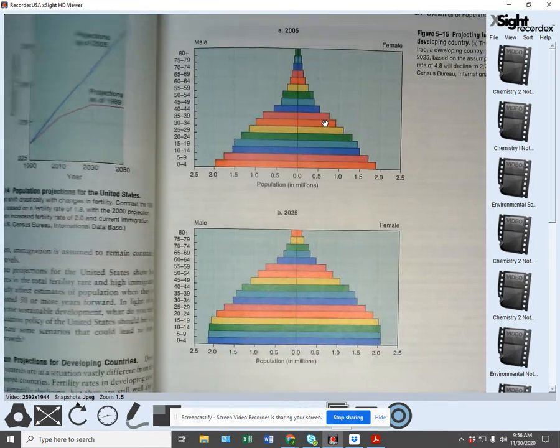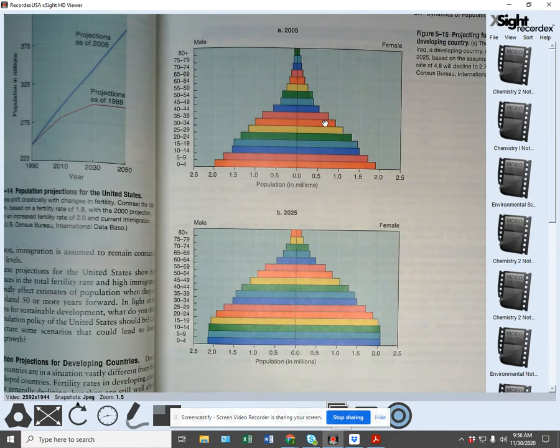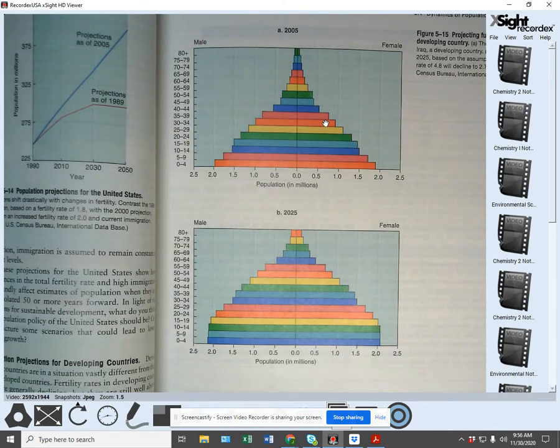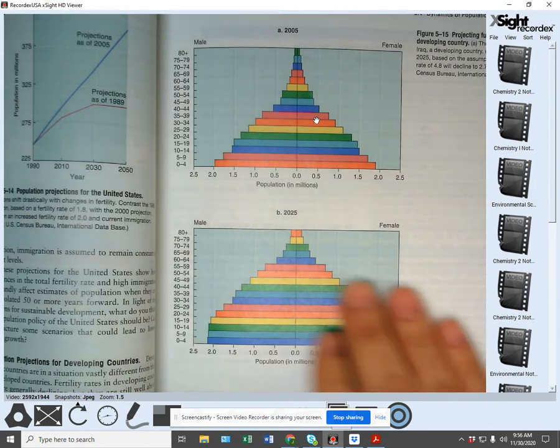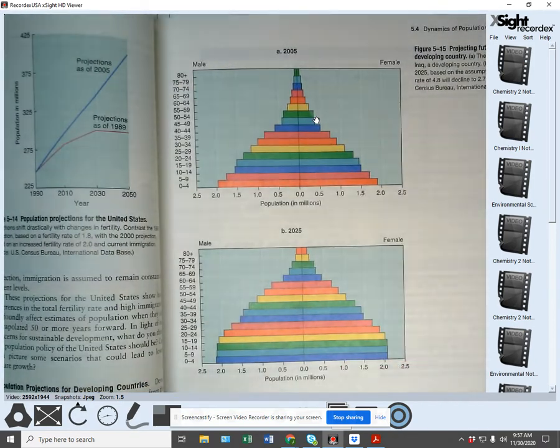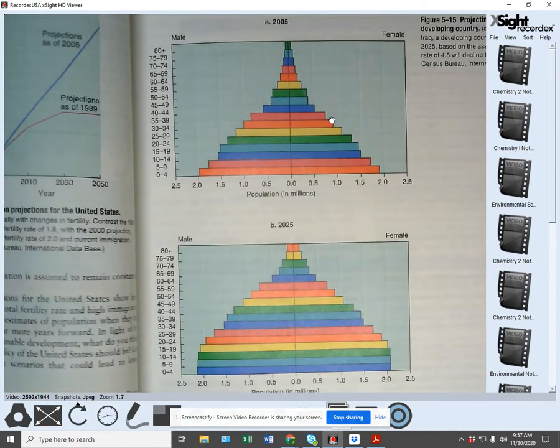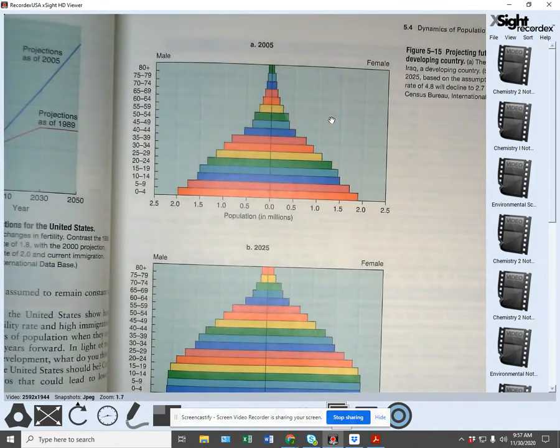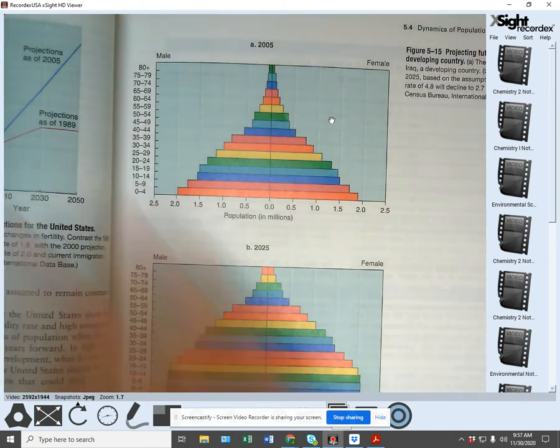So let's look at a population profile for a developing country. These are countries that typically have lower economies, like the low or lower middle categories. Essentially, these are ones that have really high population growth rates. This one was Iraq, which was considered a developing country back in 2005.